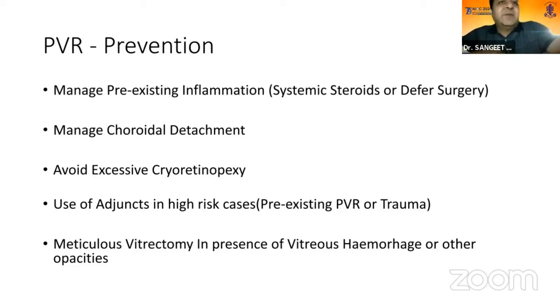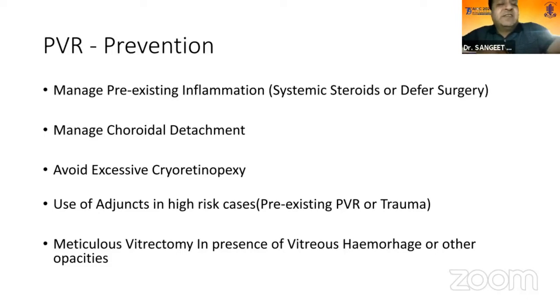One thing is to manage the pre-existing inflammation with systemic steroids before taking up the patient for surgery, or you can defer the surgery for a few days till the inflammation gets under control. If any choroidal detachments are there, ideally give systemic steroids to manage the choroidal detachment before taking up the patient.